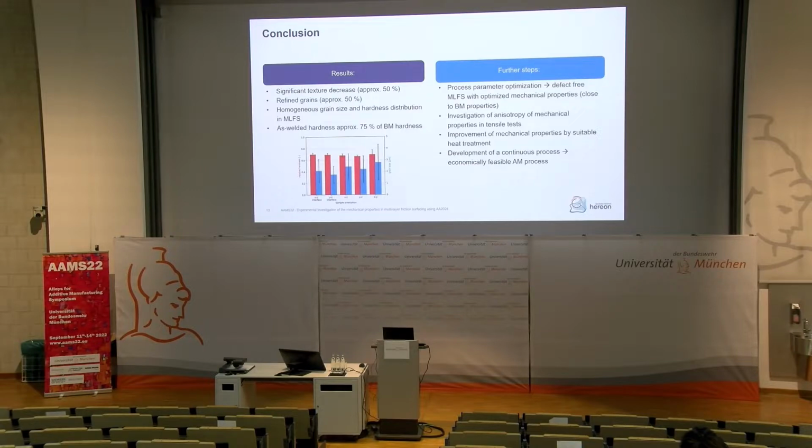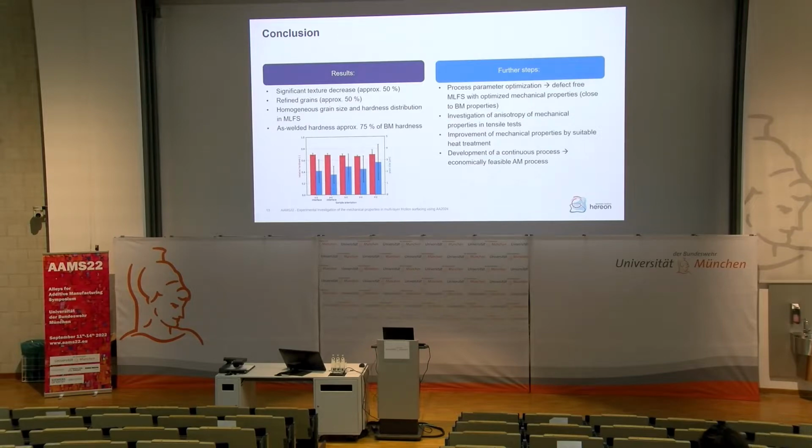This then leads to the further steps, which seems to do a process parameter optimization to increase our mechanical properties of our stacks to reach hardness values, for example, close to that of the base material.